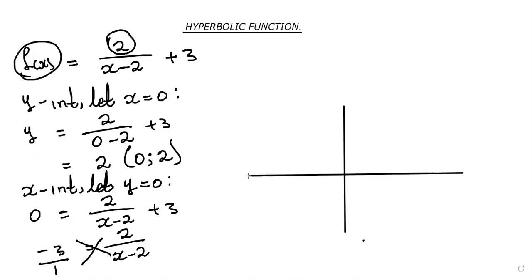We'll use different colors for asymptotes, but it's okay if you use one color, as long as you are consistent. So we said the vertical asymptote, the equation is x equals 2, meaning it's going to cut the x-axis at 2. That's the meaning. x equals 2.